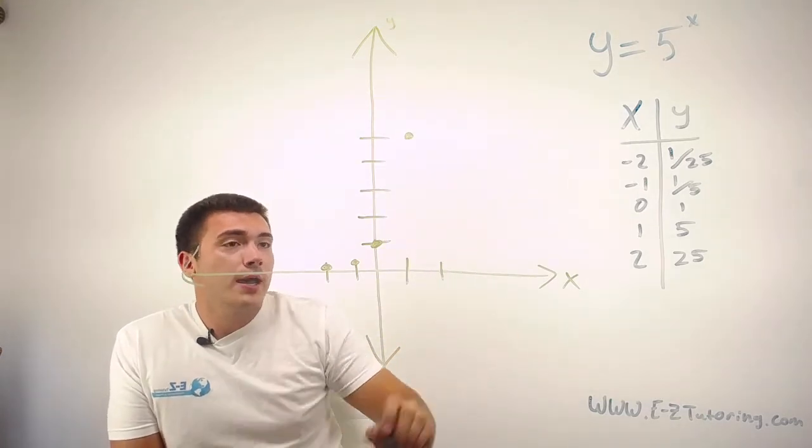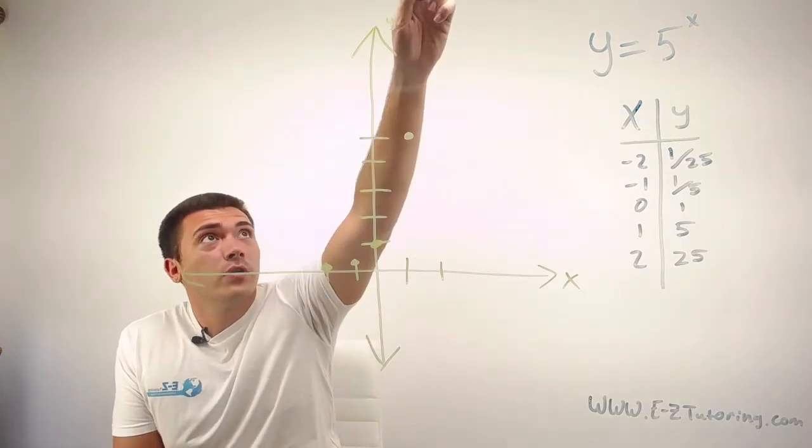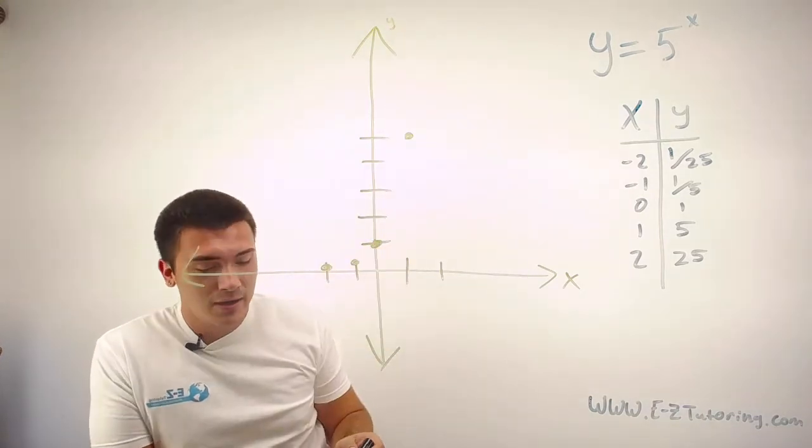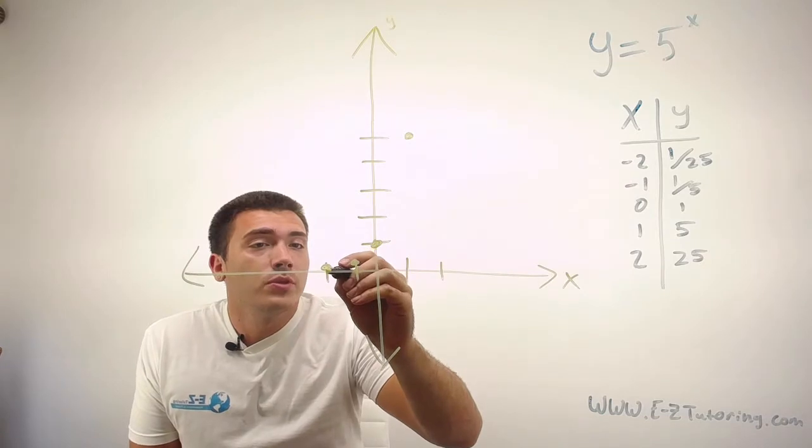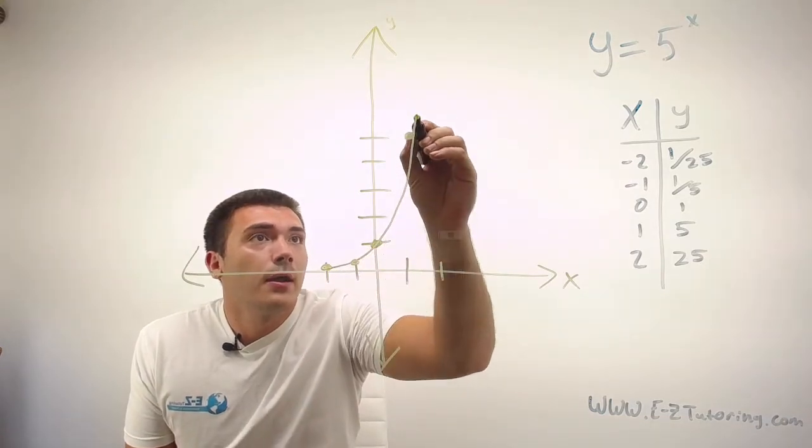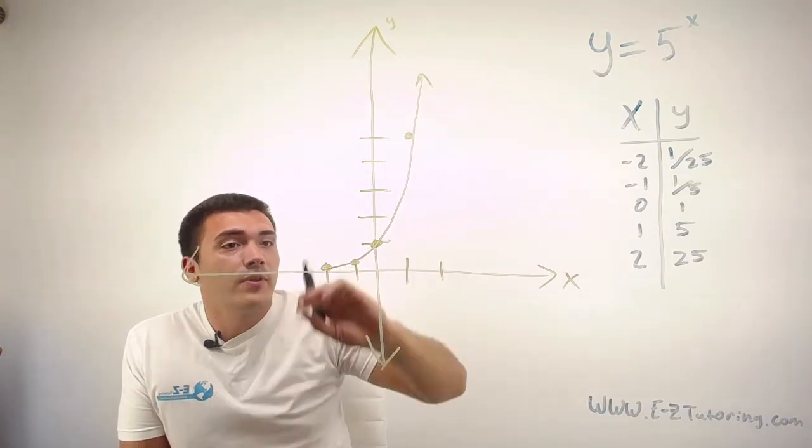And 2, comma, 25 is somewhere over here where you guys can't see my hand anymore. So we will just draw an up arrow to say it goes up forever.